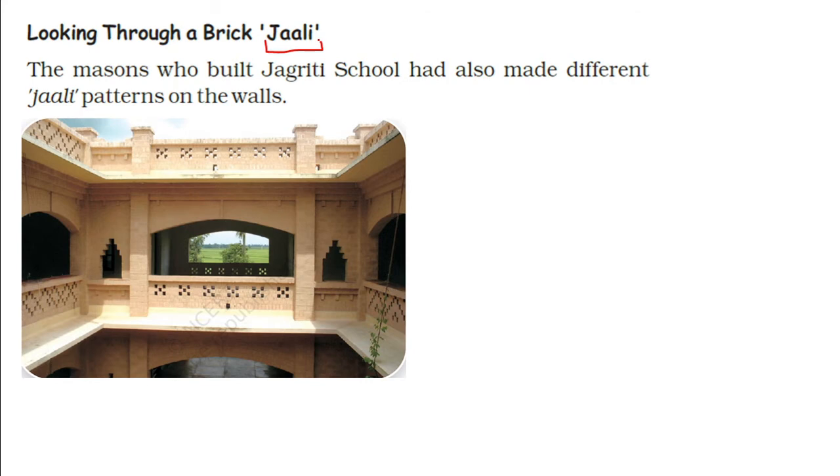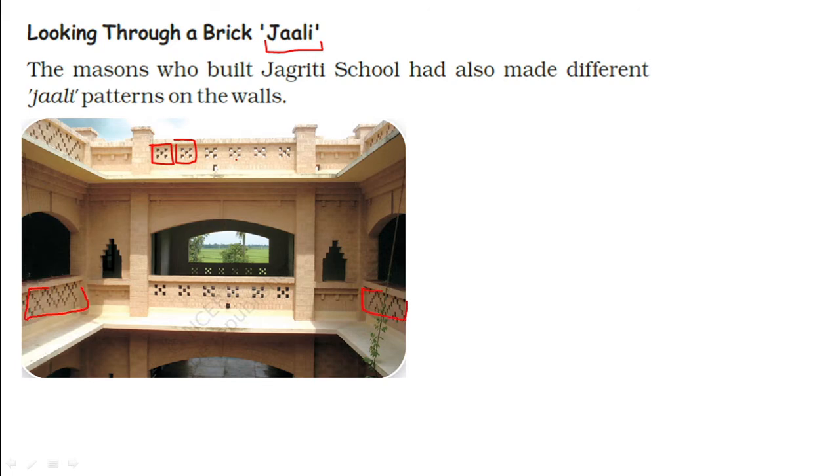This is a picture of that Jagrati school. Now you can see here. This is jali. Okay. This is one form of jali. Here another form of jali. Here another form of jali.